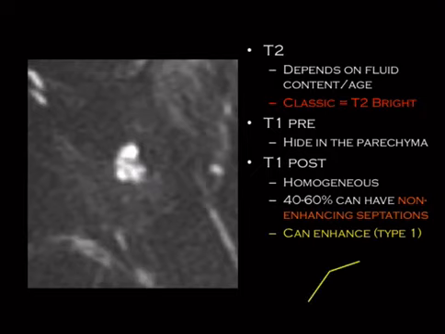Those types are the same as they are for the prostate, where you're supposed to think about these things like the stock market. Type 1 is you bought your stock and it continues to go up, and that's good. That's what you want it to do. Type 2 is your intermediate scenario where you bought your stock and it goes up and then plateaus. And type 3 is the bad scenario where it goes up and then crashes quickly.